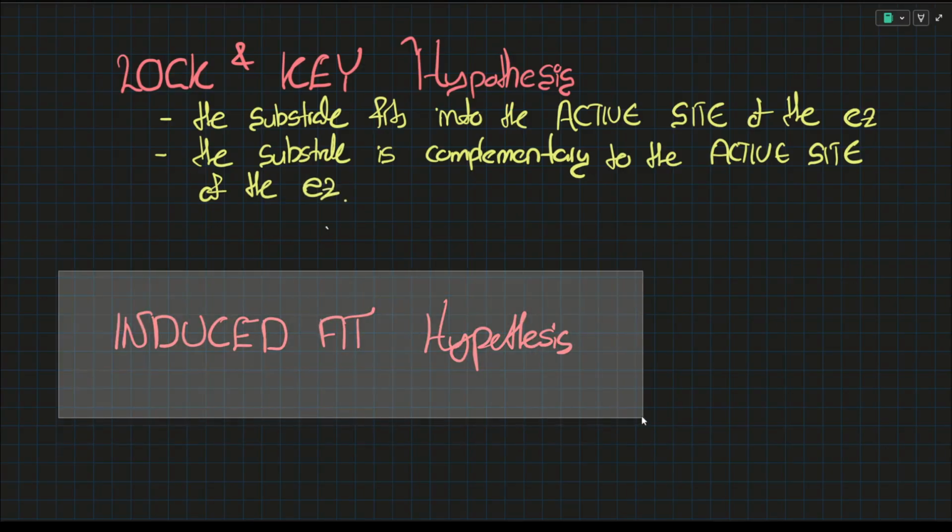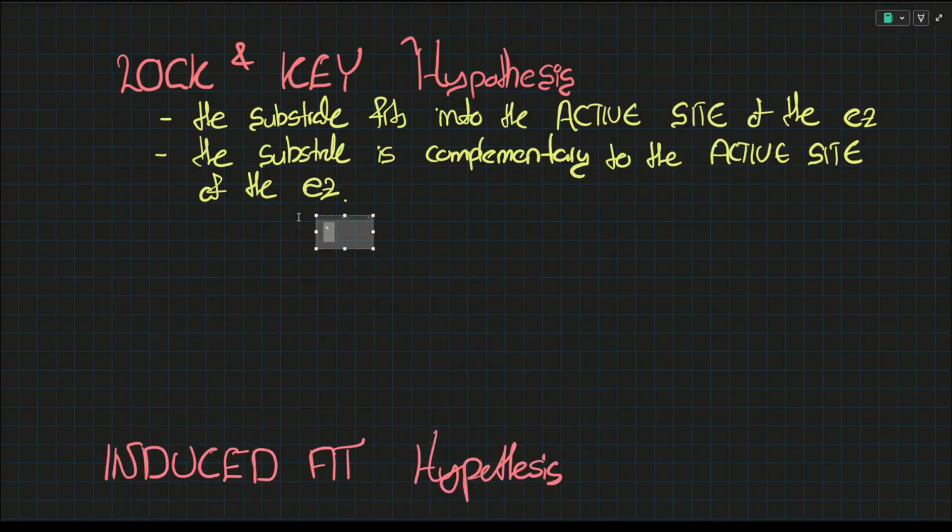So I'm going to move induced fit down a little bit and let's see. So this is the idea. If I have an enzyme like this, and let's say I have a this shaped something, here's the deal. So that is our overall enzyme.